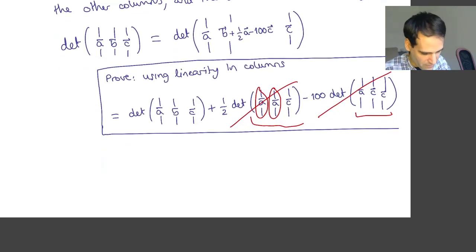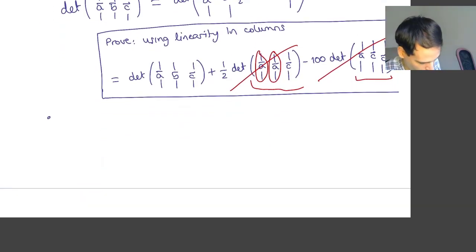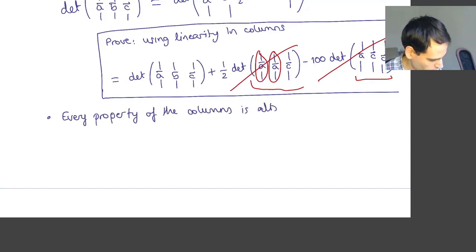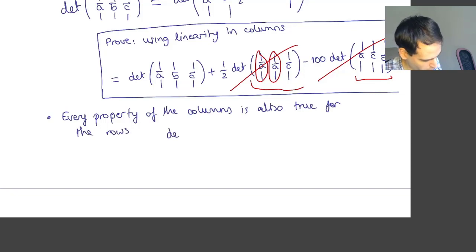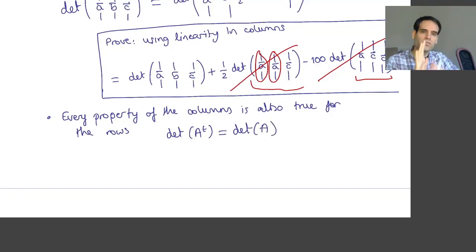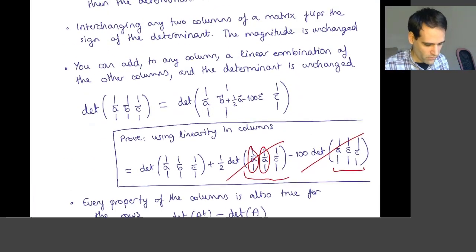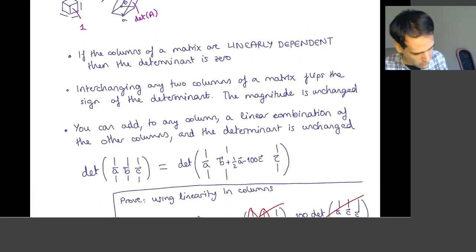By the way, every single property of the columns also applies to the rows. Why? Because if you remember, the determinant of A transpose is equal to the determinant of A. So whatever we say about the columns of a matrix, we can also say about the rows of a matrix. So all of these three things we could substitute.